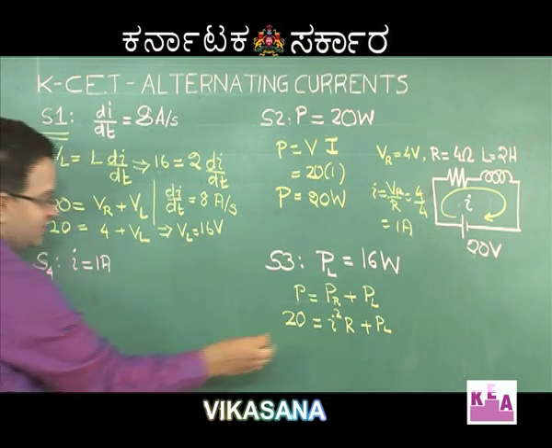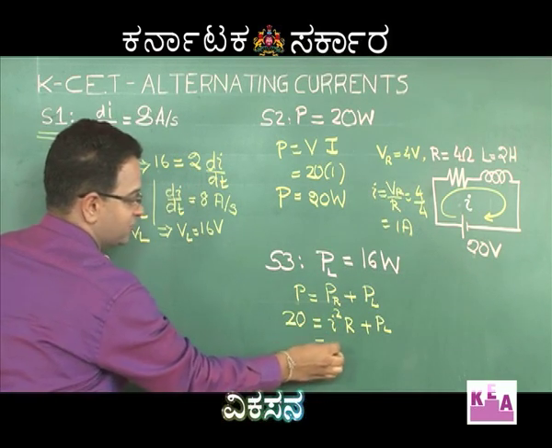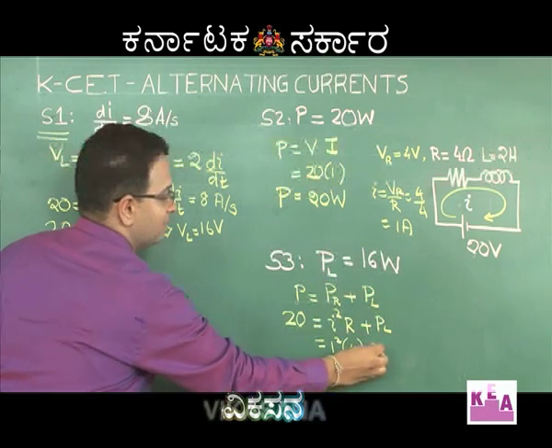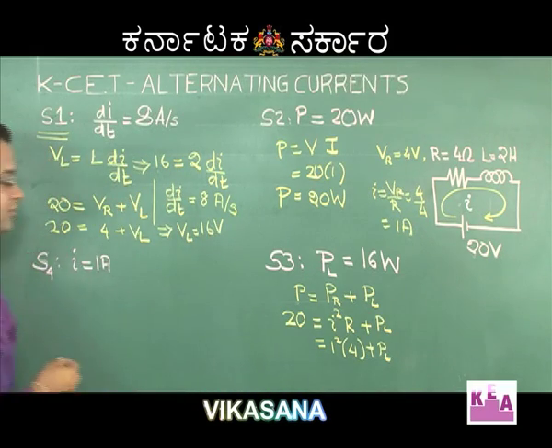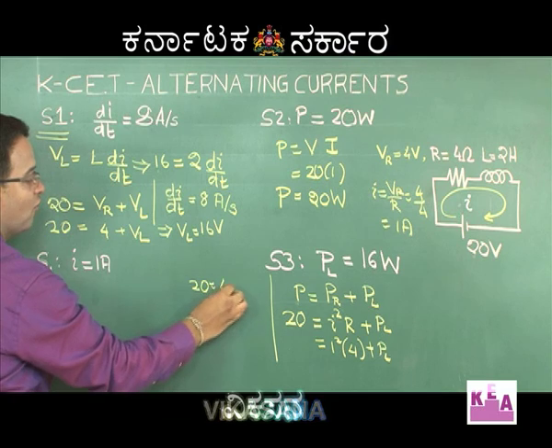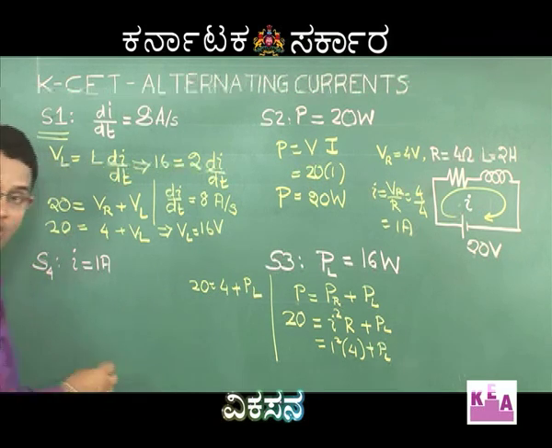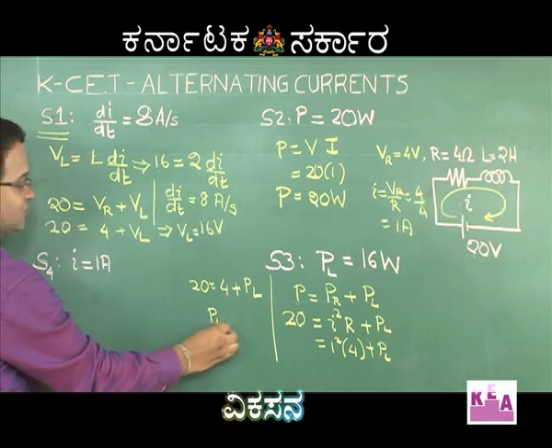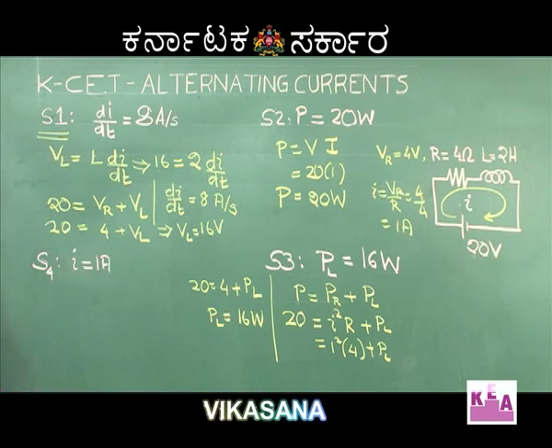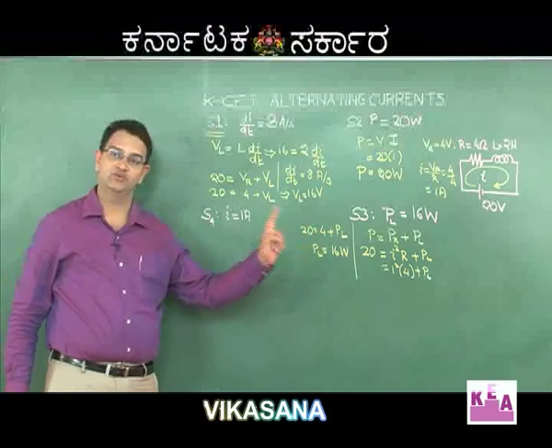Therefore, for the current I, we substitute 1. So, 1 square into resistance 4 ohms plus PL. So, thereby we get 20 is equal to 4 plus PL, or in other words, PL is equal to 20 minus 4, which is 16 watt. So, therefore, we can see that statement 3 is also correct.